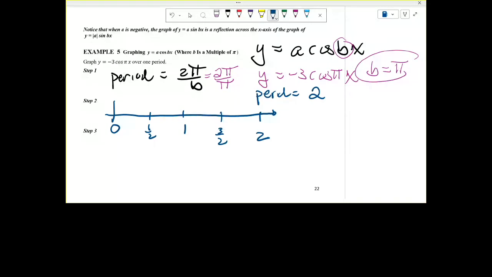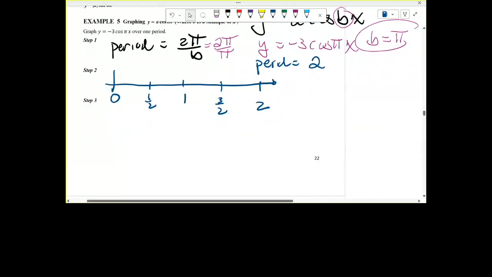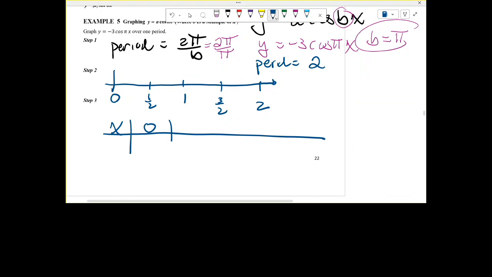All right, let's make a little table. Our table is going to look like this: 0, 1/2, 1, 3/2, and 2. Not 2 pi, just 2. My next row is going to look like this.